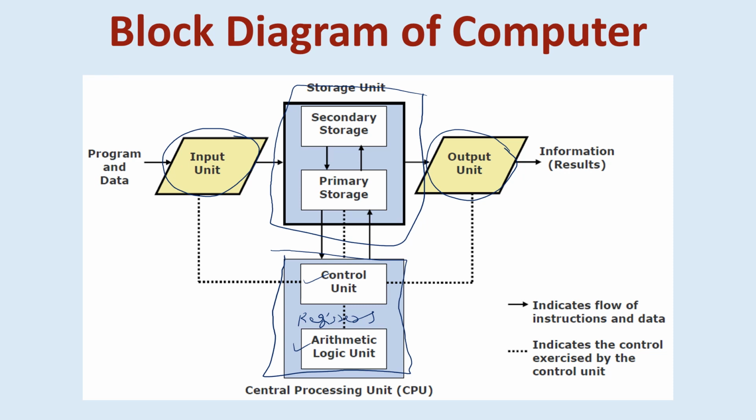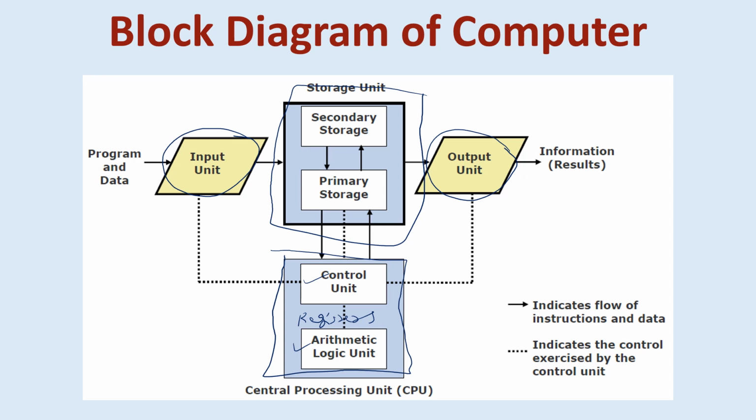In this diagram, there are two types of flow. The solid lines indicate the flow of instructions and data, and the dashed lines indicate the control exercised by the control unit.